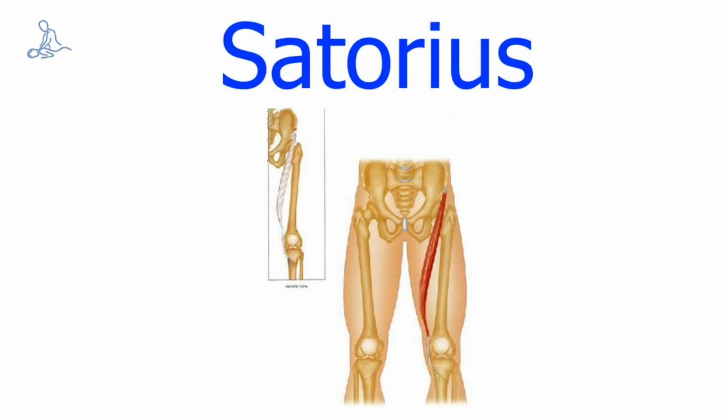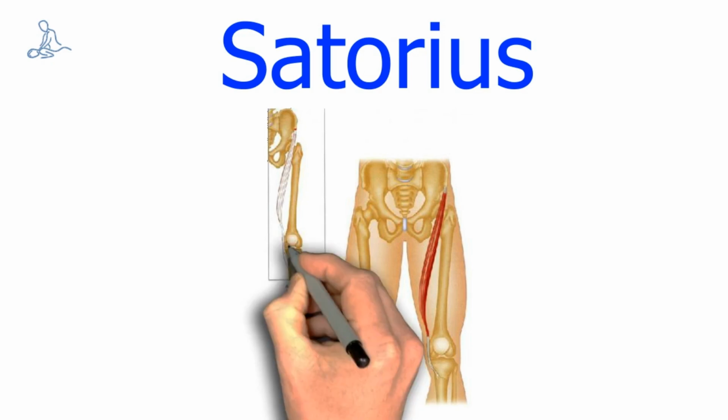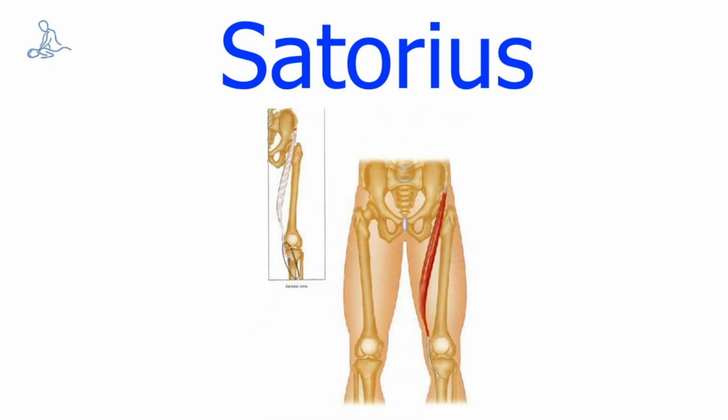Sartorius. The origin of the Sartorius is the anterior superior iliac spine. The insertion of the Sartorius is proximal anterior-medial tibia.